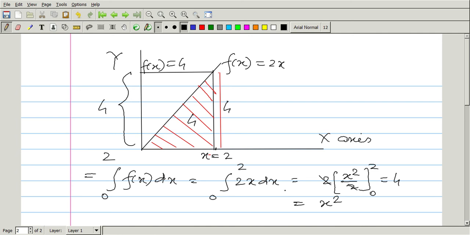So y is equal to x square. If you plot a graph, it's the parabola, an upward parabola, maybe it looks like this. I'll try to be a little careful.